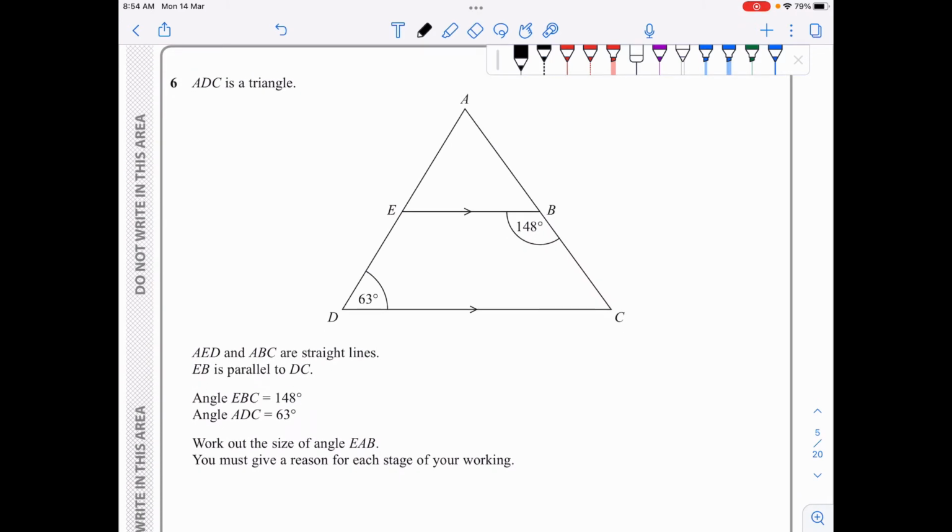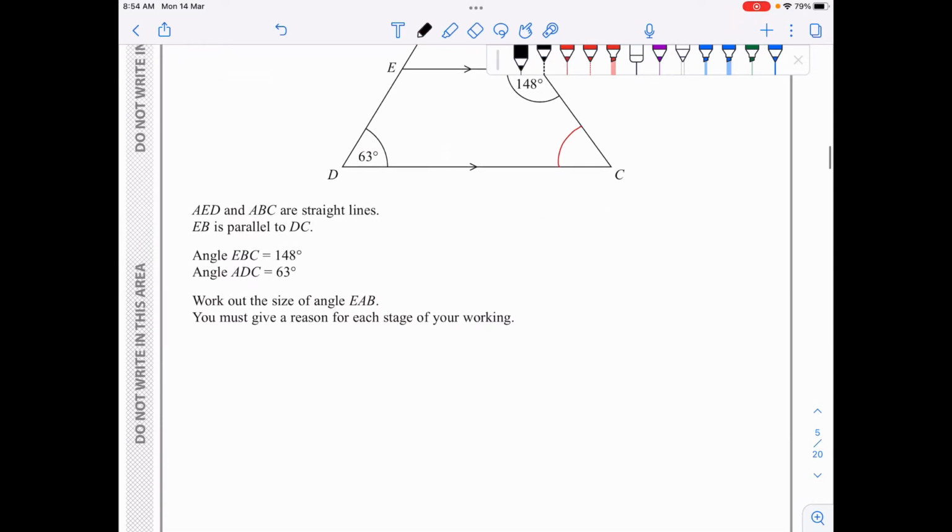In 6, we've got this ADC triangle. Parallel lines are shown here. We need to work out the size of angle EAB, this one here. What I could do is start off by finding this angle here, the ACD. I need to give reasons to justify my working.